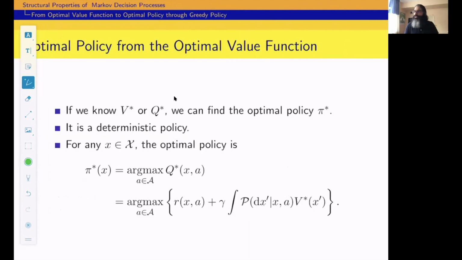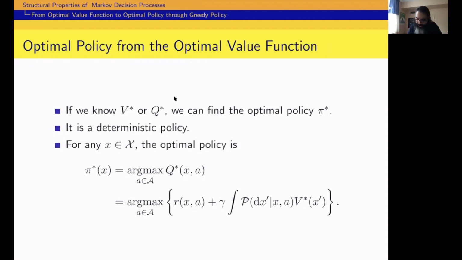Okay, so we talked about the Bellman equation and the Bellman optimality equation. Now the question is how we can get the optimal policy from the optimal value function. If you recall in the previous lecture, for the case of just immediate reward maximization, if we had the expected immediate reward R of X and A, we could find the optimal policy by just choosing the action that maximizes the value of R of X and A at that state.